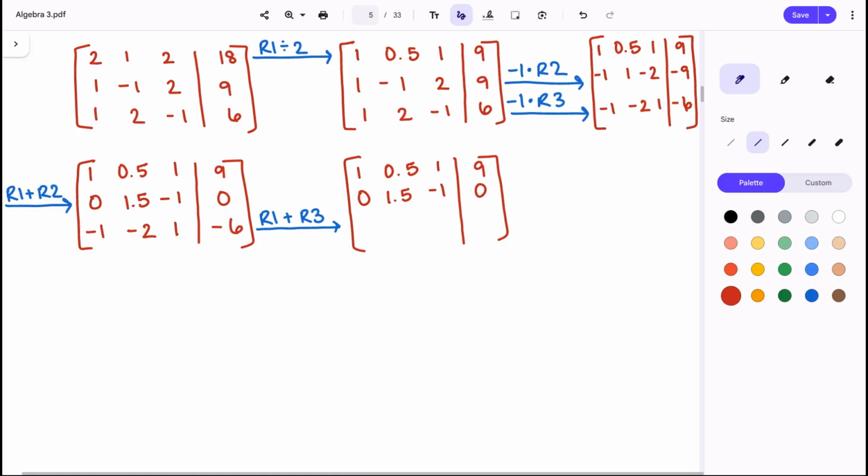Okay, so now if we add row 1 plus row 3, that'd be adding these two, so that's a 0. 0.5 plus -2 would be -1.5. And then 1 plus 1 would be a 2 here. 9 plus -6 would be a 3.